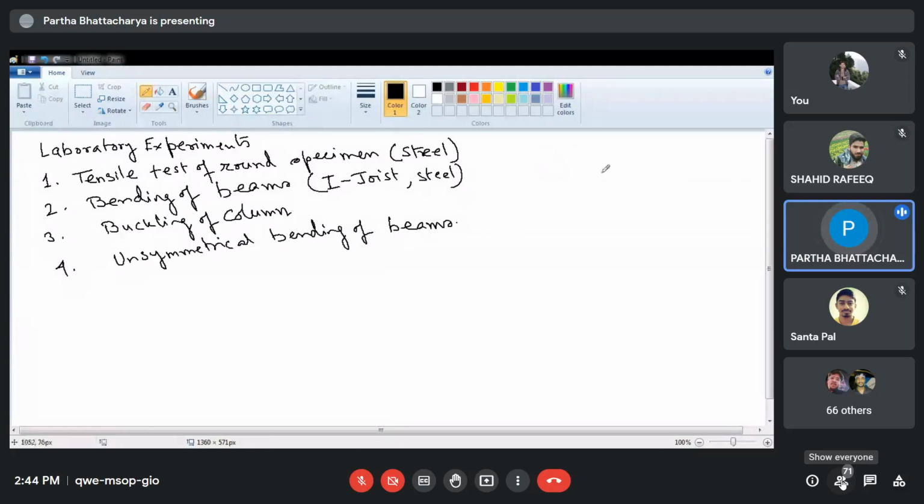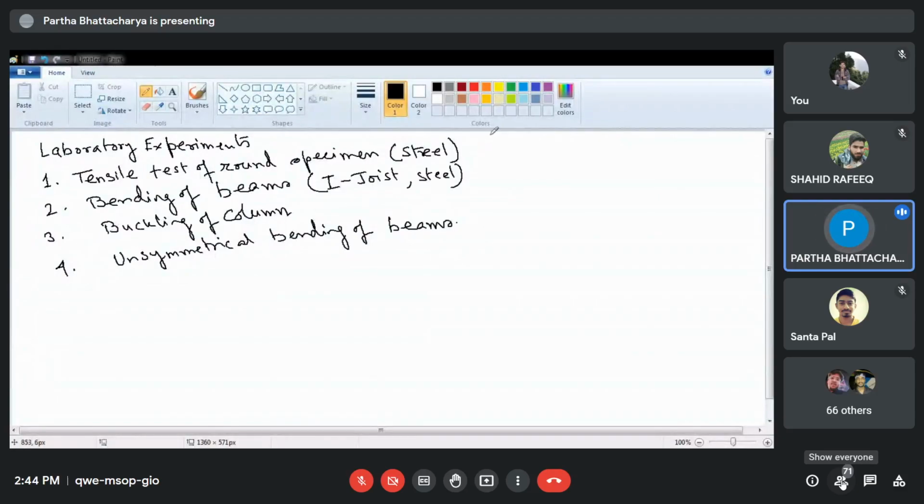Of all these 4 tests in this laboratory experiment, you will not actually be performing them. If the university opens, then only you will be able to perform a few of the experiments, but other than that you will only view the experiments that we have recorded earlier.